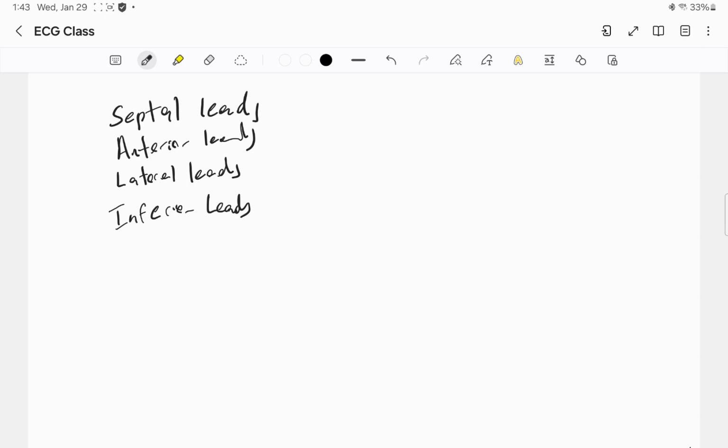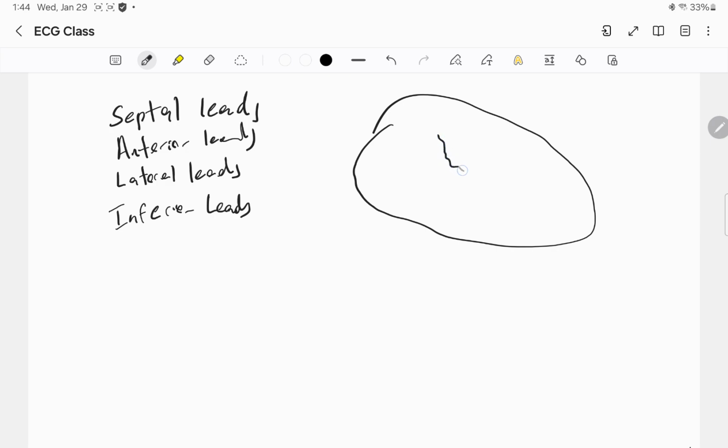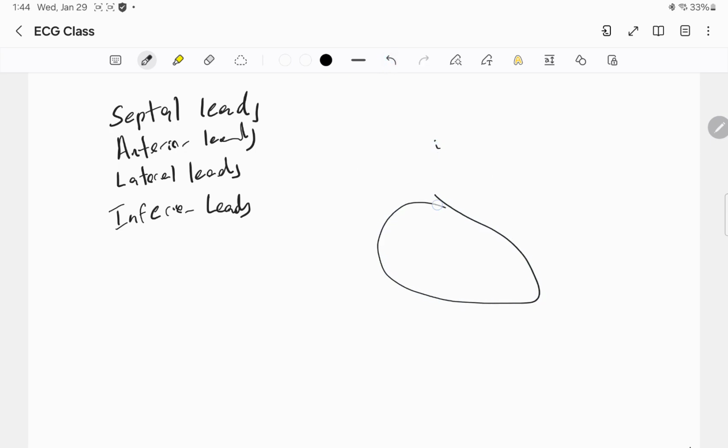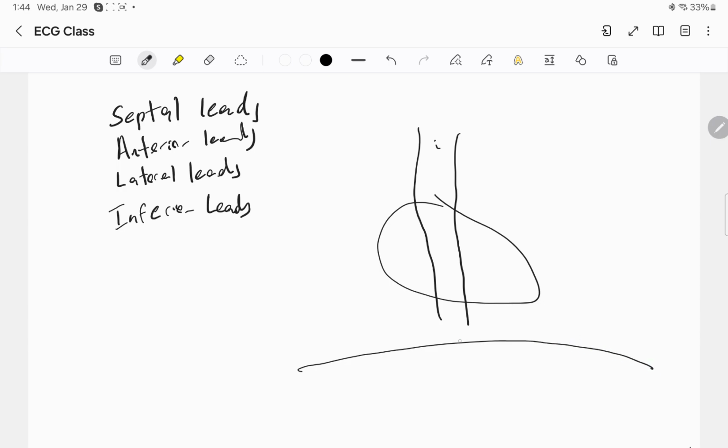So, the heart in the chest kind of looks like this, like an egg or something, and there's an interventricular septum. And the heart in the chest is behind the sternum, with the diaphragm right there.